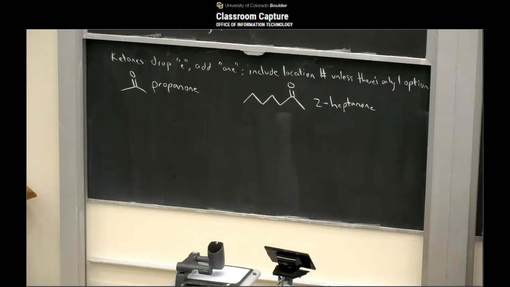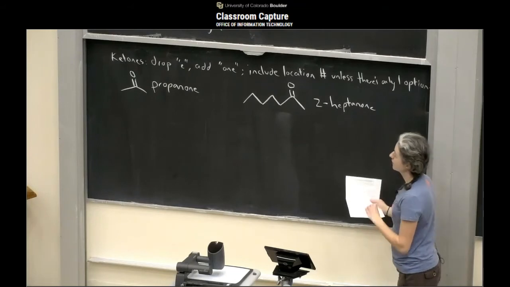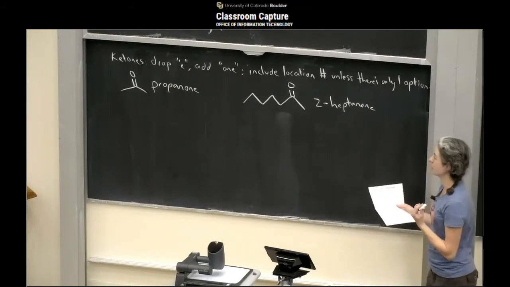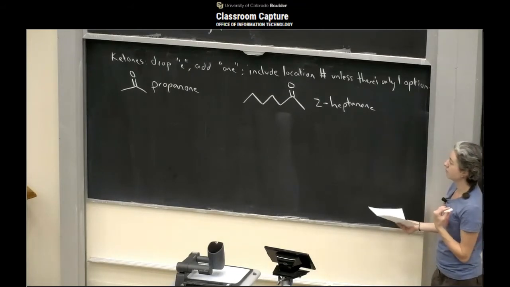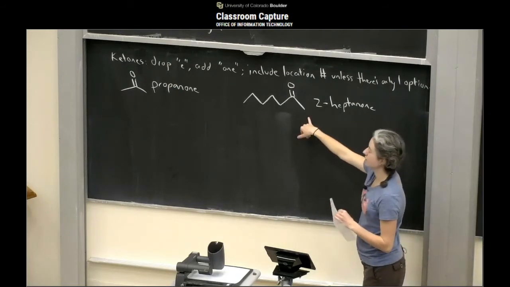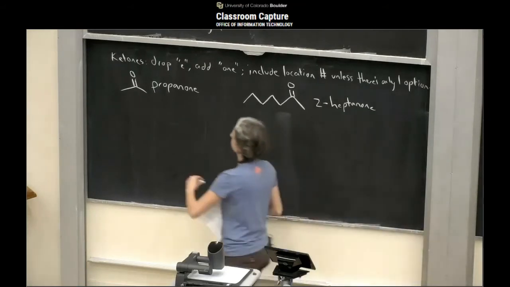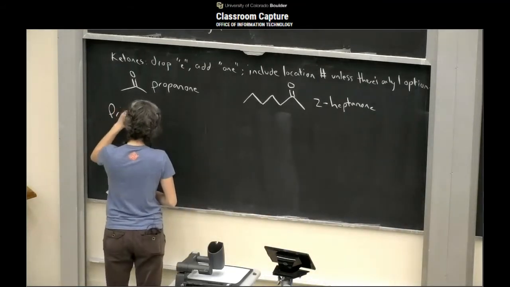All right, cool. So in terms of principal functional group ranking, we've seen in the past that functional groups that change the ending of the name, I guess the only two that we saw in OChem 1 were alcohols and thiols. Where do these rank?